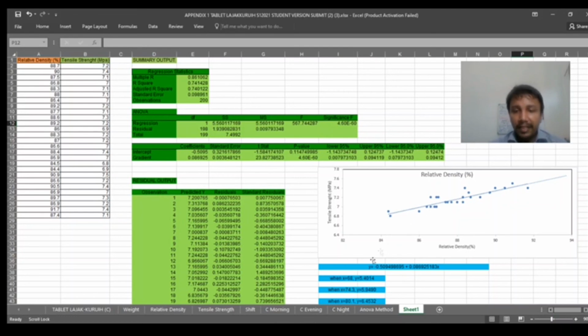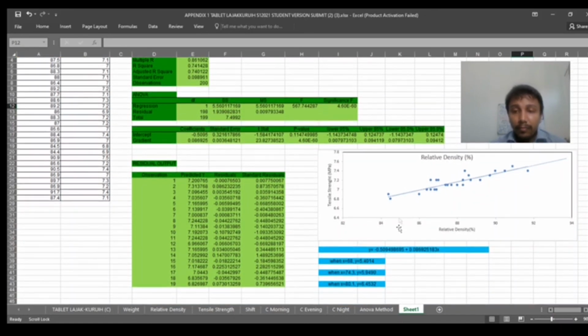The equation of the trending line is y equals negative 0.50949869 plus 0.0869251883x. So now we can predict the tensile strength according to the relative density.